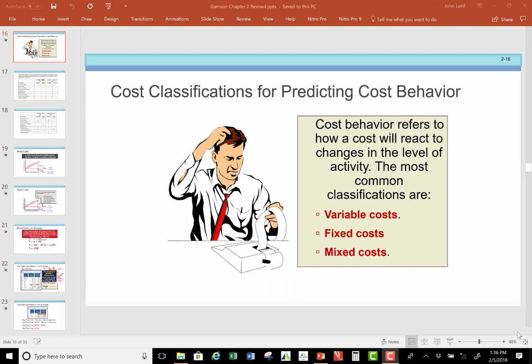Okay. Now, we said that our manufacturing costs would be gathered and reported on the balance sheet.